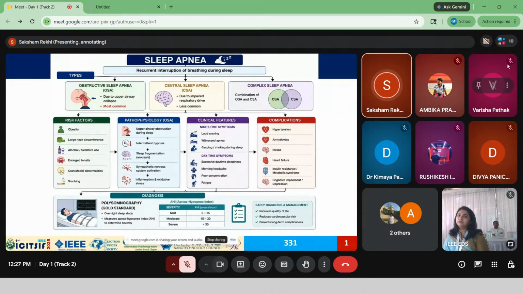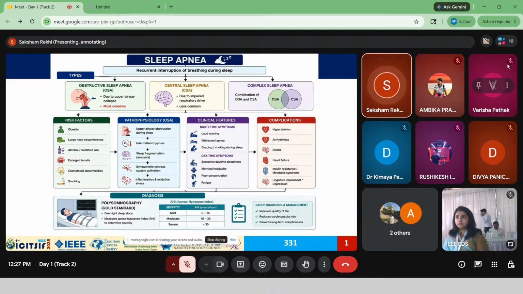Daytime symptoms include excessive daytime sleepiness, morning headache, poor concentration, and fatigue. Complications include hypertension, arrhythmia, stroke, heart failure, insulin resistance, metabolic syndrome, cognitive impairment, and depression.